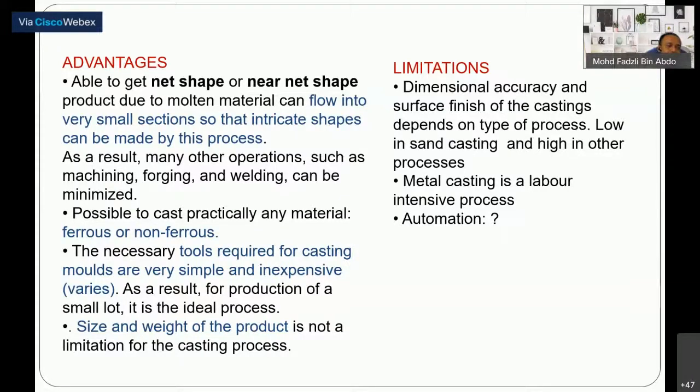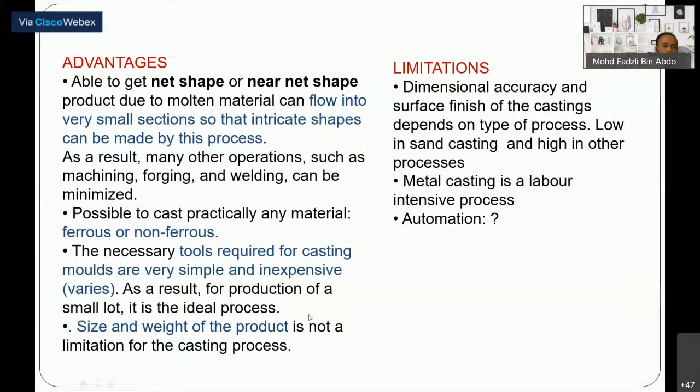Okay. And then as a result, many other operations such as machining, forging, and welding can be minimized. Okay. Ni maksudnya ni adalah post processing lah. And then the second advantage is possible to cast practically any material, either the ferrous and also non-ferrous. Last week kita dah tengok what is the ferrous, what is the non-ferrous. And then the necessary tools required for casting mold are very simple and inexpensive.